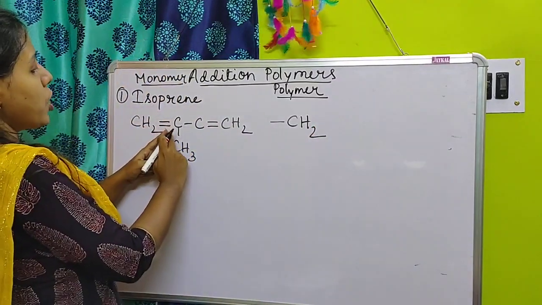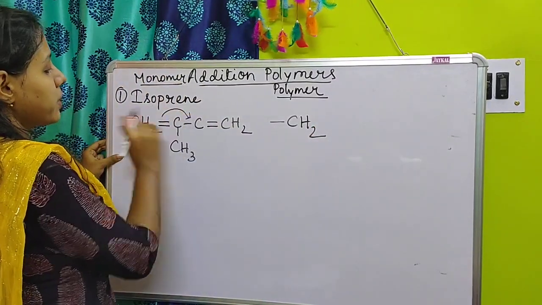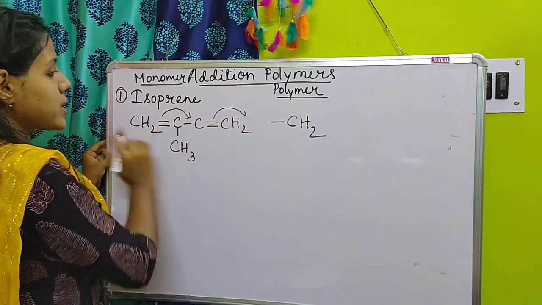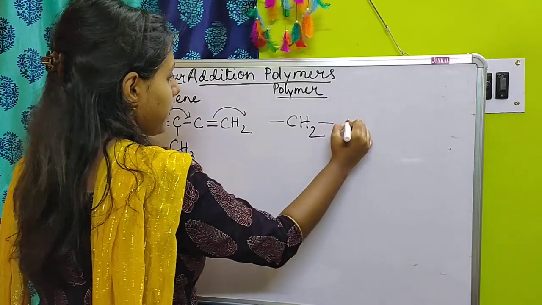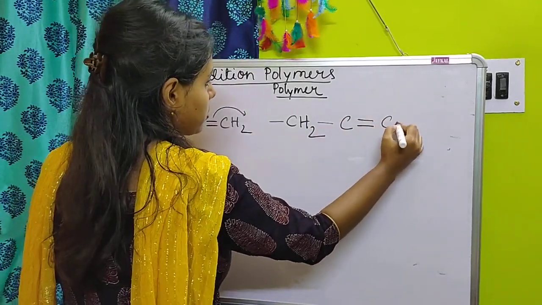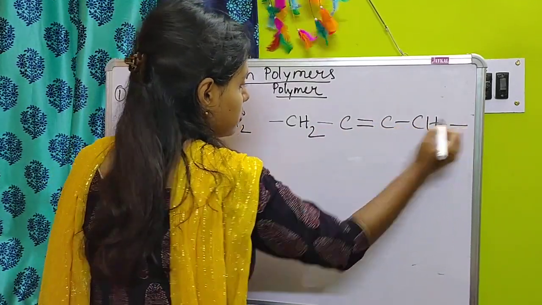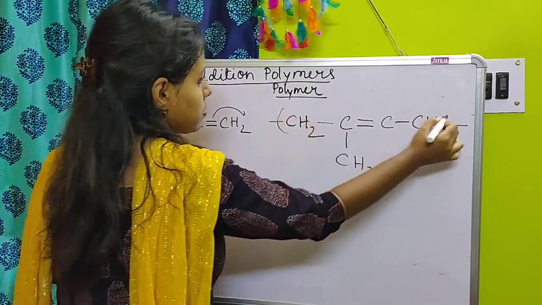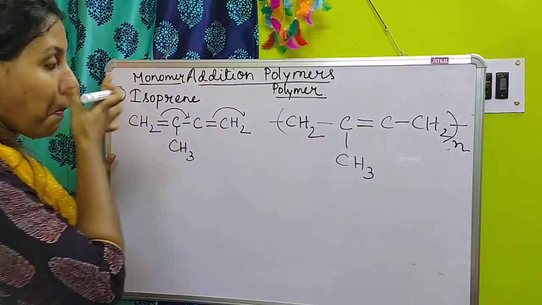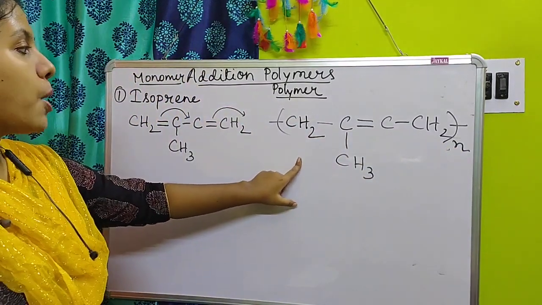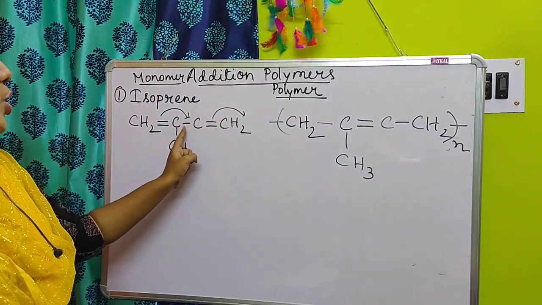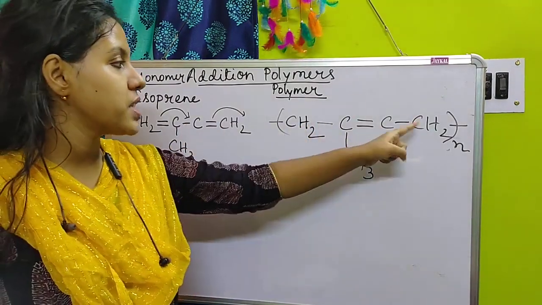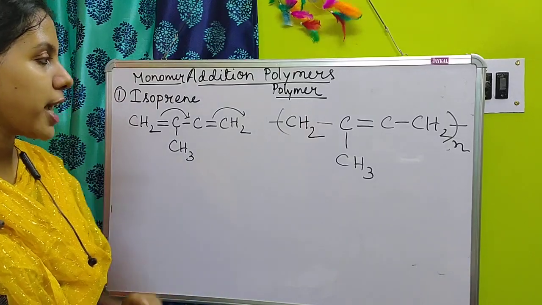So this double bond will shift to this place, and a new bond forms here and here also. This is the structure of the polymer, where in between two carbons there comes a double bond. One CH2, on both sides there are two CH2, and this is CH3.